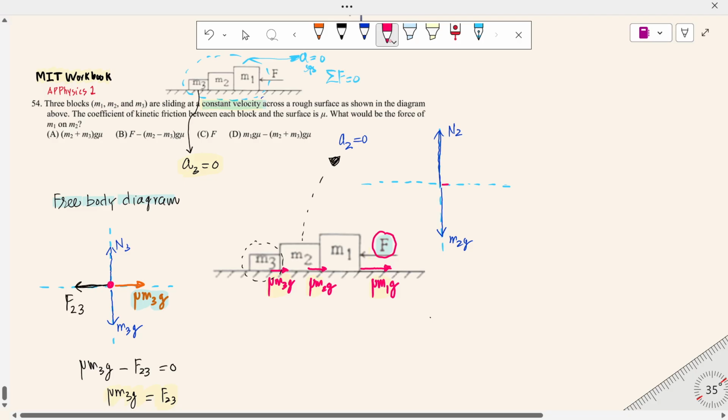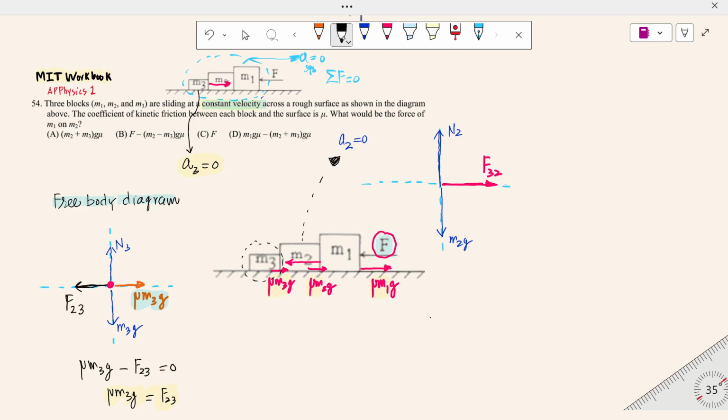This is a force applied by 3 on 2, because m3 is also pushing m2 in this direction, this is a contact force, so F32. Whereas the force that 1 is applying on 2 is in the opposite direction. So this is the force applied by 1 on 2, F12. And this is the force that is actually required in this question.